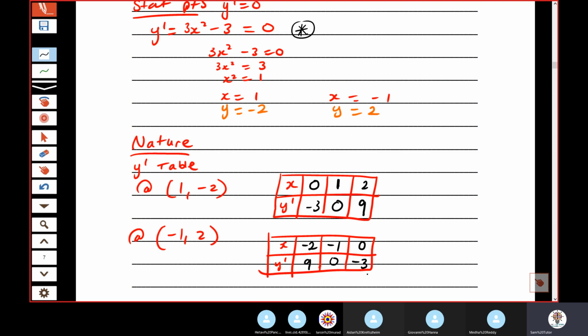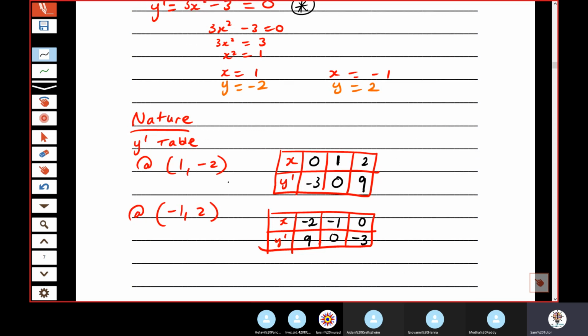Any questions so far? We're literally there. All we're going to do now to work out its nature is recall, what did we say y dash is when it's less than 0? Y dash less than 0, decreasing. Slope to the left.